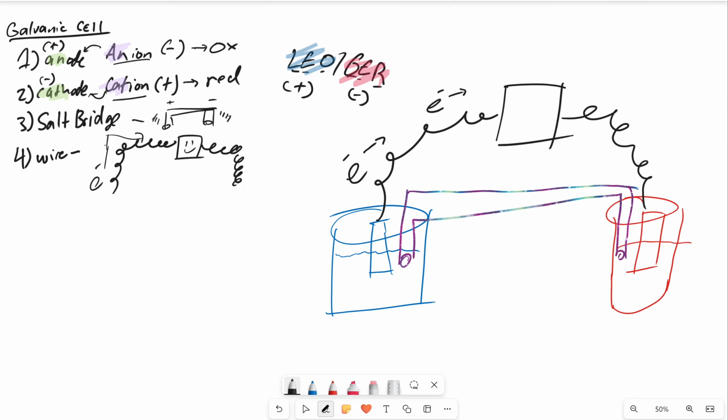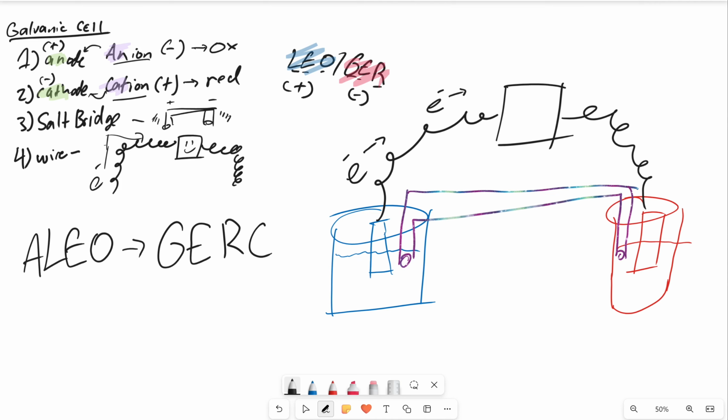If you ever do happen to get confused on what's the anode, what's the cathode, I've come up with a nonsensical mnemonic: LEO goes GER. Or sometimes the way I remember it is An Ox, but just keep it straight in your head that the anode is going to be oxidizing regardless.